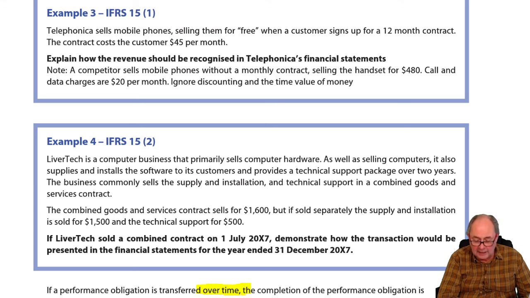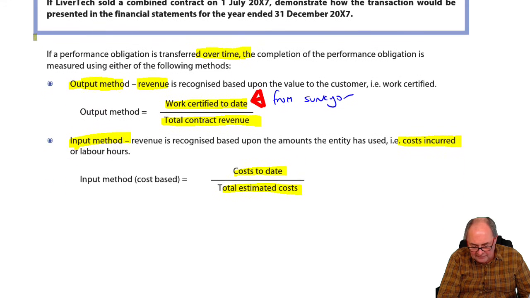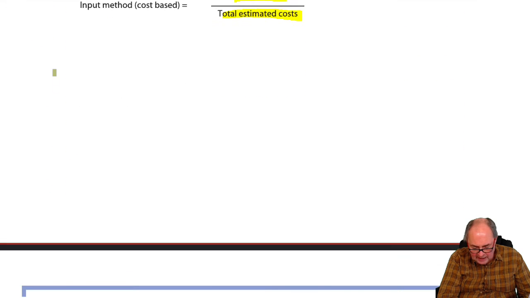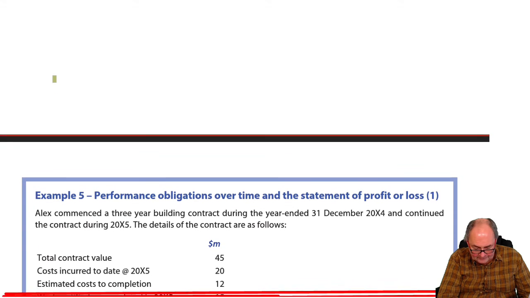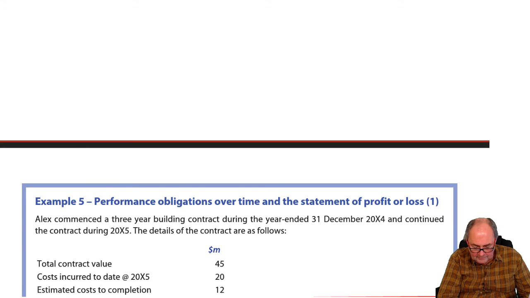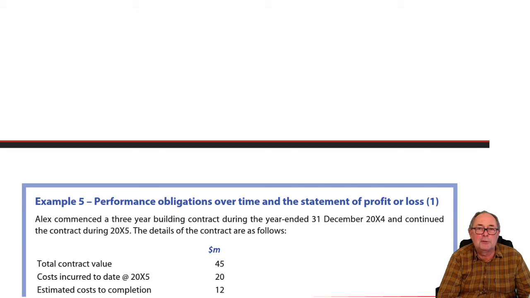So I'm not going to go through those, but I will say a very brief word in a moment about example 5, which is some kind of building contract, and for some reason they've decided it's appropriate to recognise the revenue over time.